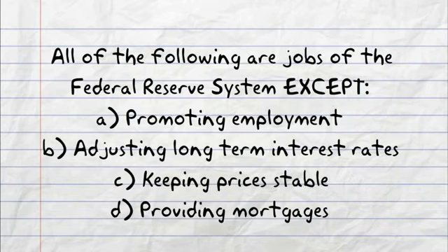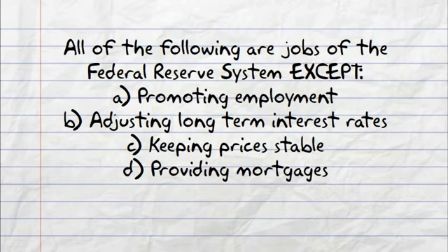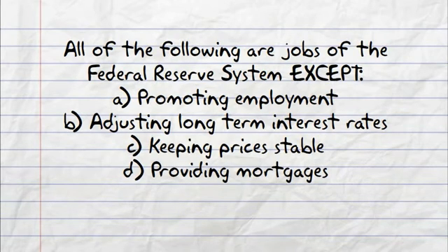You have 20 seconds. The answer was D as in dog. Banks provide mortgages, not the Federal Reserve System.